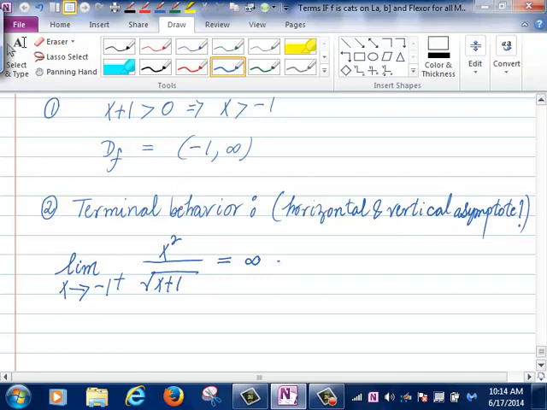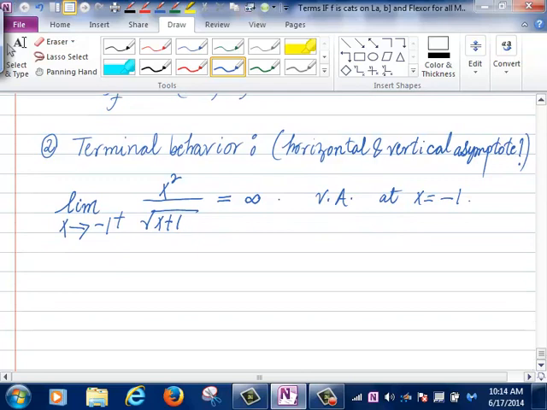Okay, so that means I have a vertical asymptote, right? I have a vertical asymptote at where? At x equals -1, I have a vertical asymptote. That's the definition of vertical asymptote: the graph blows up near the asymptote, up or down.